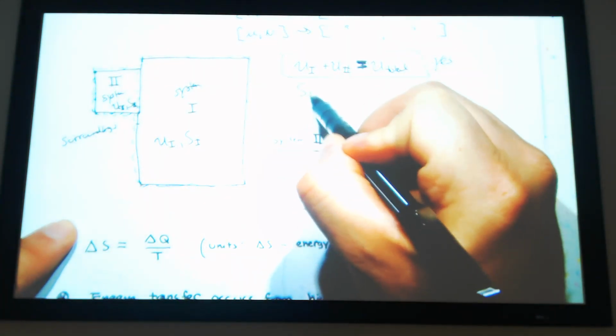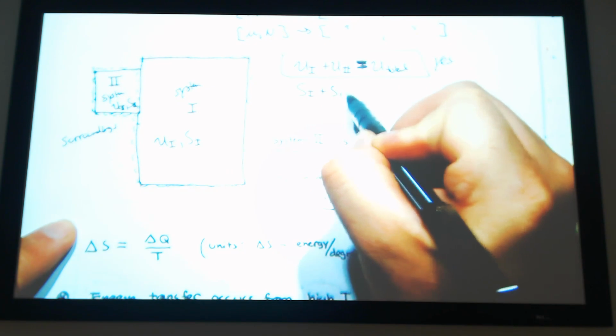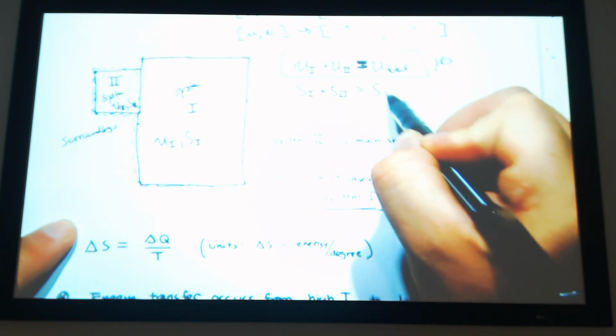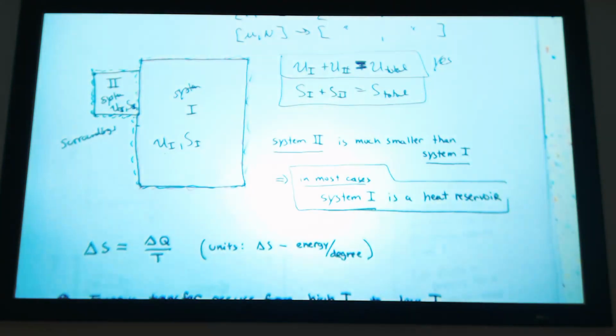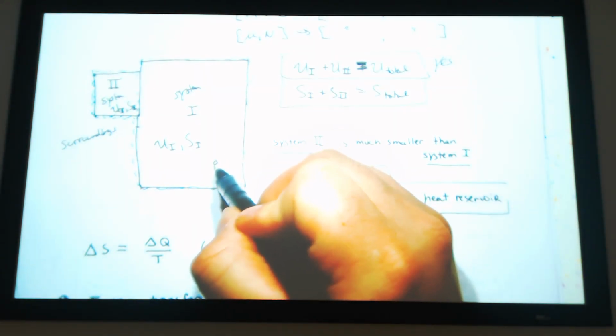Now let's do entropy. Entropy of system 1 plus the entropy of system 2 equals the entropy total. Let's draw a little water molecule here.